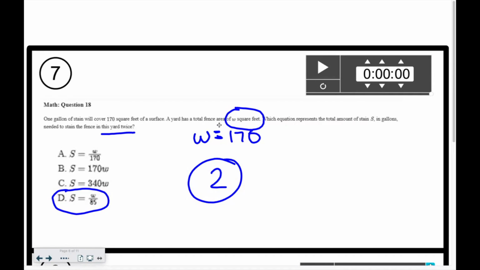If I just choose W to be 170, then that's the total surface area of the fence. And they're telling me that I need 1 gallon to cover 170 square feet. But the question says what's the total amount needed to stain this fence twice?